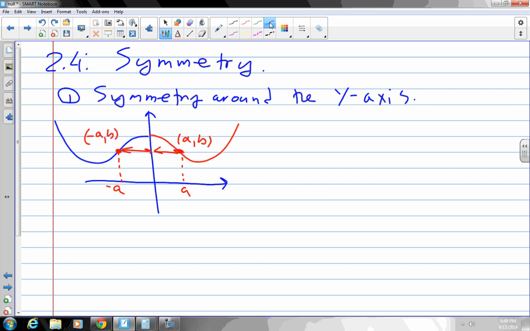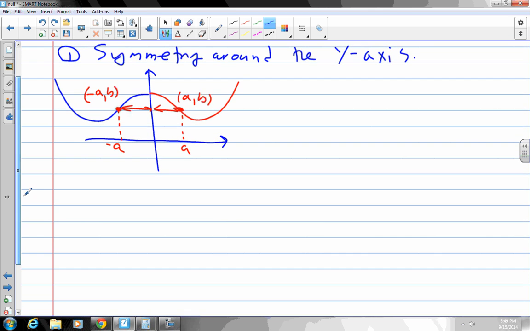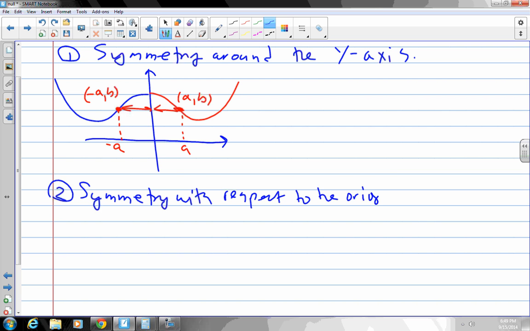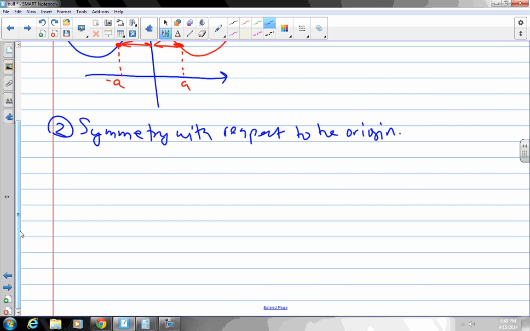The other type of symmetry that we'll look at is a symmetry around the origin. So symmetry with respect to the origin. So that's where, again, if you have half a graph, the other half gets rotated around the origin 180 degrees, if that makes sense.